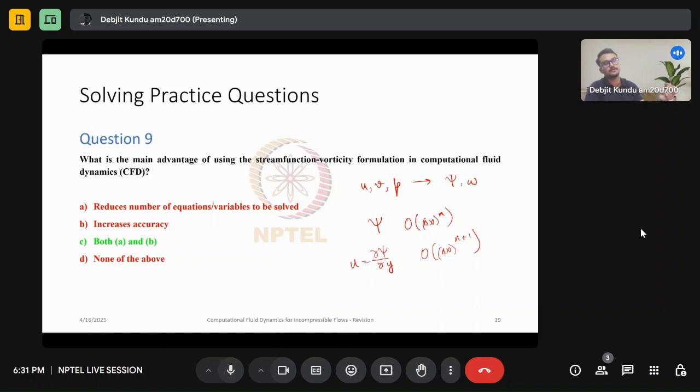So whatever order of accuracy you got while converting back to u and v, that order of accuracy increases by a factor of 1. So these are both advantages of using the stream function vorticity formulation. That's why option C should be the correct answer, both A and B.